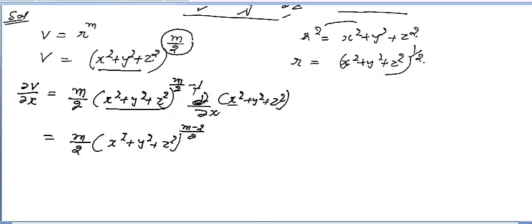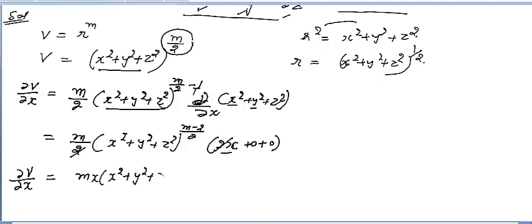Now the derivative of x square with respect to x is 2x. The derivative of y square with respect to x is 0, because when you are finding the derivative with respect to x, y and z will be constant. So you get only 2x, and 2 is cancelled out. You have curl v by curl x equal to m x into x square plus y square plus z square raised to power m minus 2 by 2.